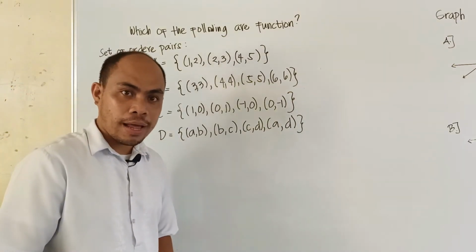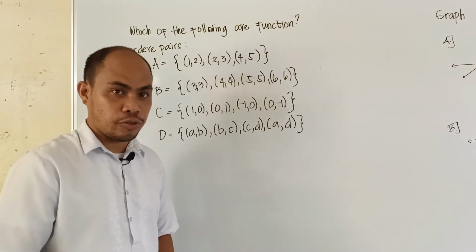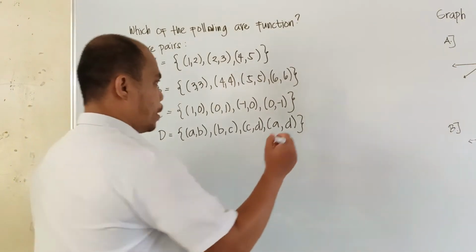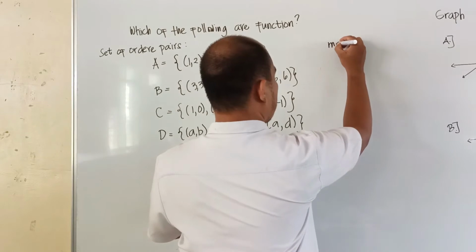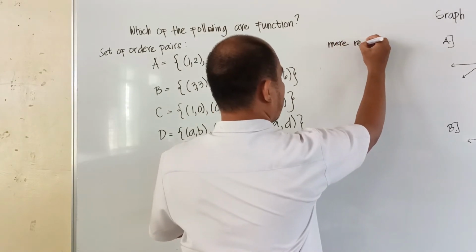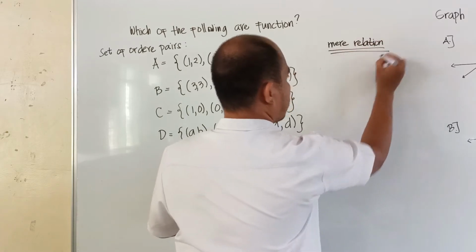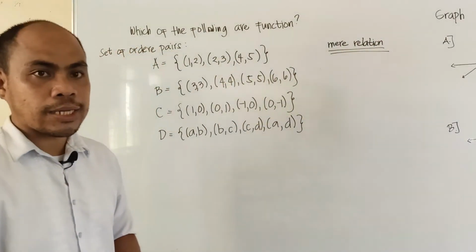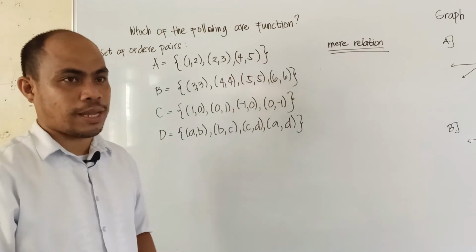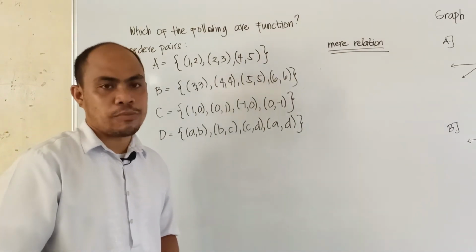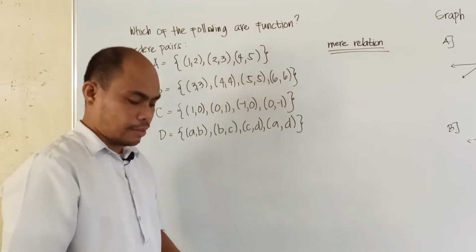That is spelled M-E-R-E, mere relation. It means like a relation but not real. It's a fake relation. That's a term used in general mathematics.